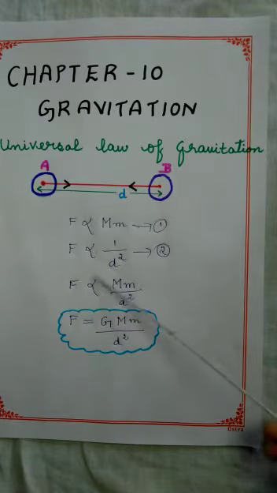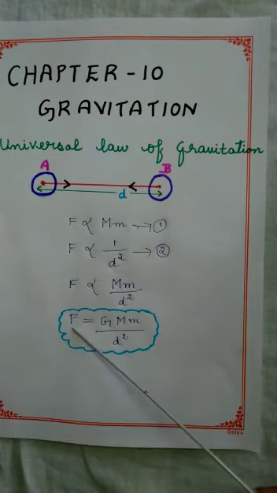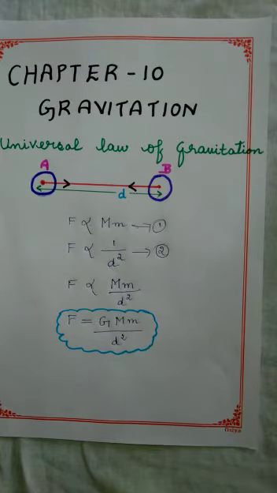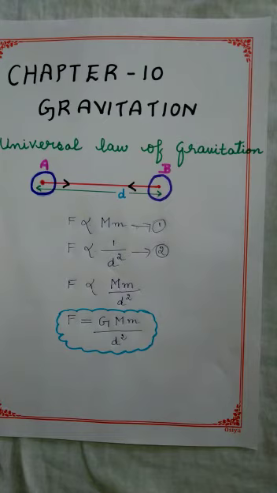In order to remove this proportionality symbol, let us write an equality mark and write a constant G, which is called the universal gravitational constant, and hence the formula of the universal law of gravitation will be: force is equal to G, that is universal gravitational constant, into product of their masses divided by d square. d is the distance between the two objects.